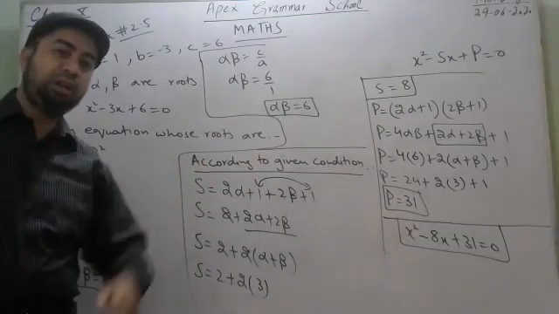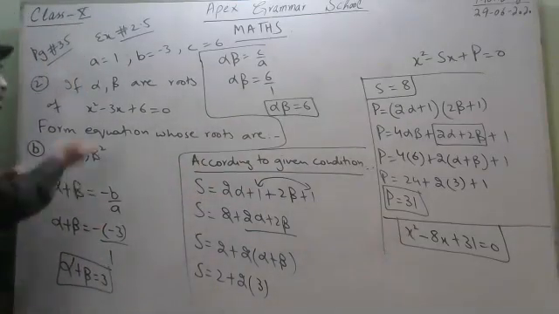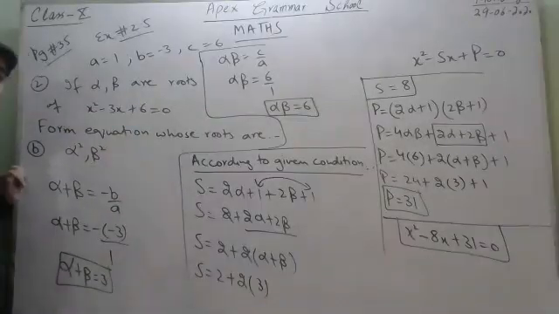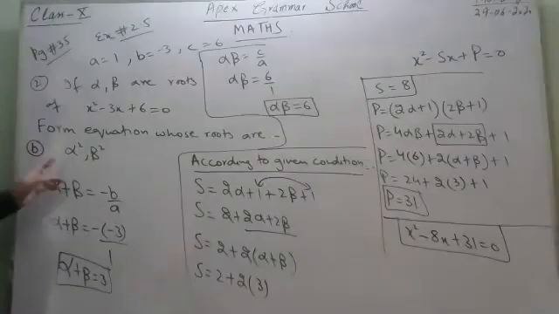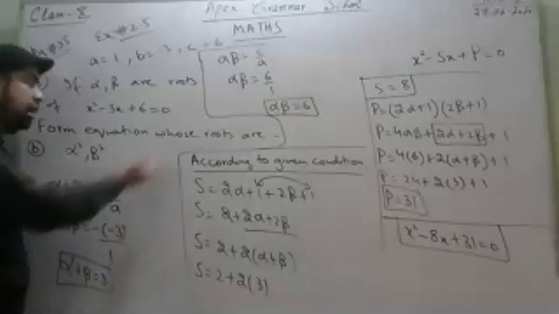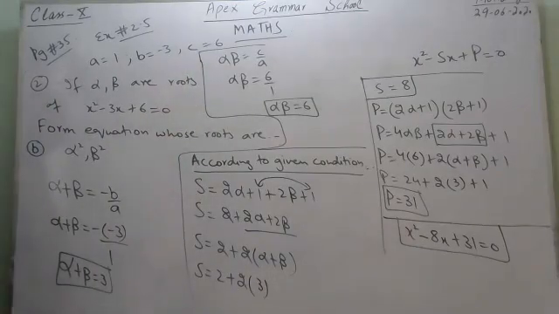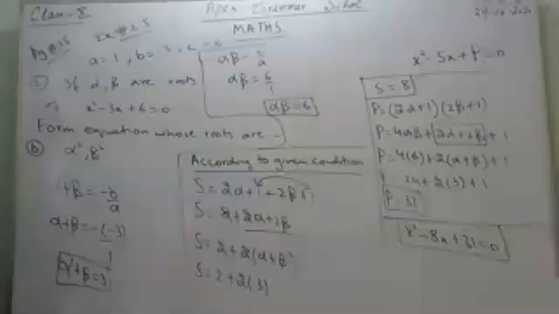Now what will that equation be? Obviously that equation will not be x square minus 3x plus 6 equal to 0; we need to find that equation. So for alpha square and beta square, first of all we need alpha plus beta and alpha beta, because they will be used in this equation.